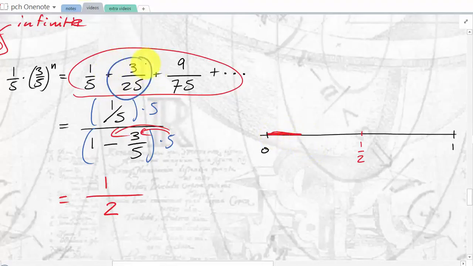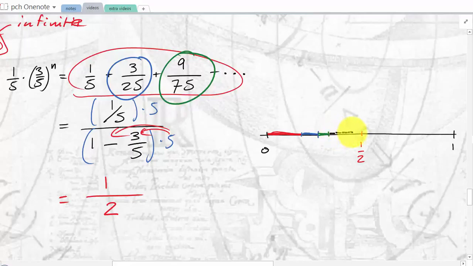What's the second one? 3/25. Well, suppose it is right here. Again, it would be much smaller than that, okay? Then the next one, 9/125. So this is even a bit smaller, right? So suppose this is 9/125 right here. That's the next one. And you keep on adding these terms right here. The next one will be smaller, smaller, smaller.